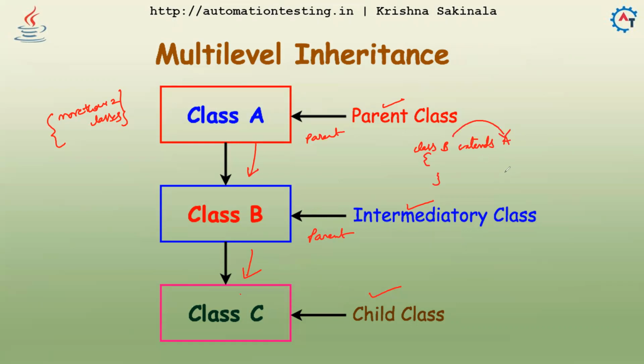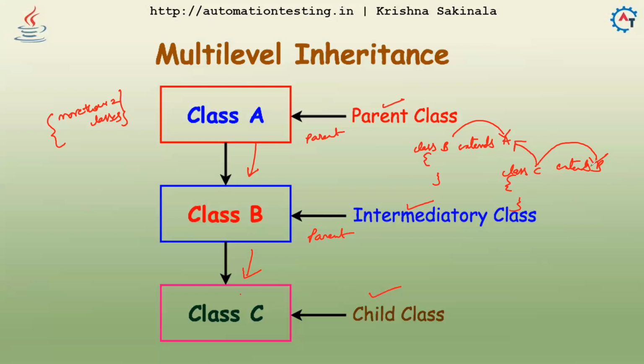In the same way, if class C extends B, then class C will get all the information from B, and B is already getting some information from A, so C can get that same information from A also.